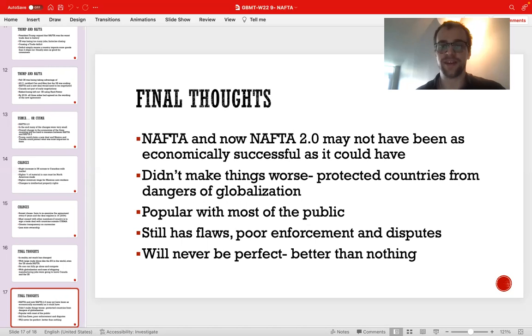Obviously, the US is the most powerful state within the agreement. While it's not perfect, Canada, the United States, and Mexico are stuck together, and the existence of this continental trading bloc is crucial for the future of all these nations. So regardless of its issues, this is viewed as a crucial interest for all three states involved.